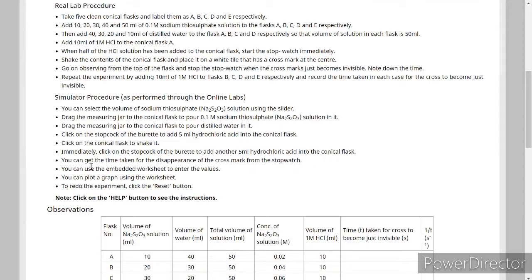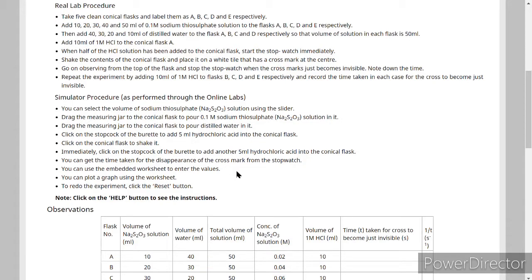After we shake the conical flask, we click the stopcock of the burette and add 5 ml hydrochloric acid into the conical flask. After that, we start to count the time of the reaction.